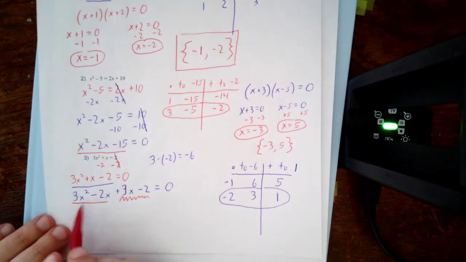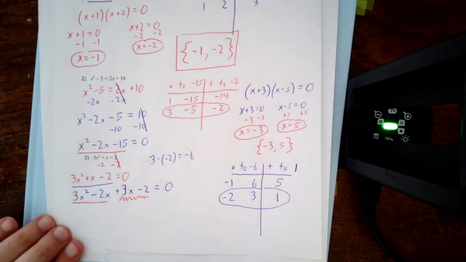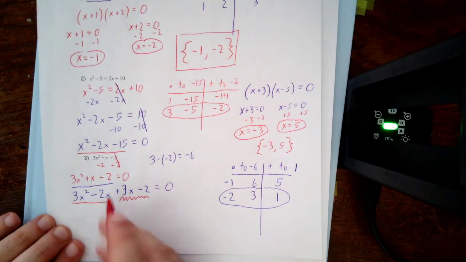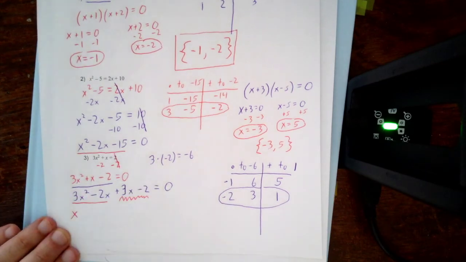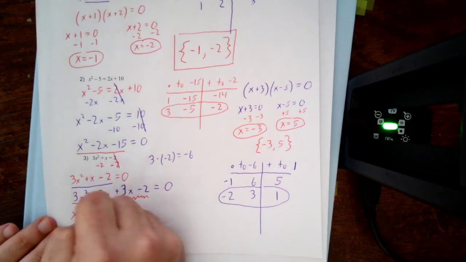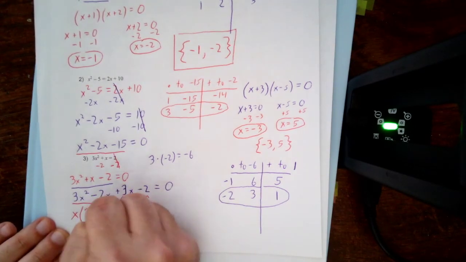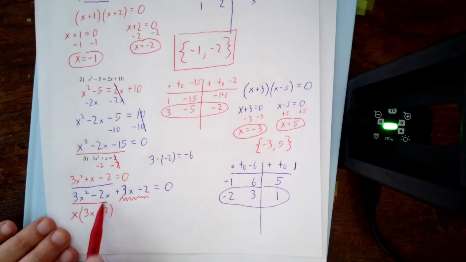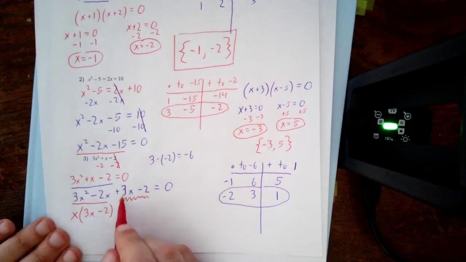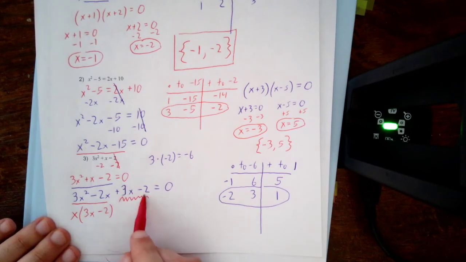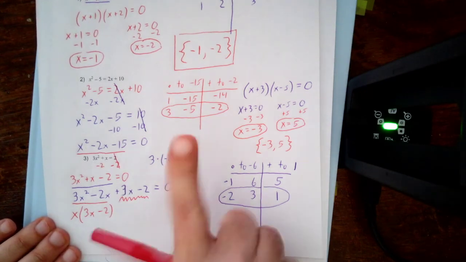In the first group, 3 and 2 share no divisors besides 1, but x squared and x, that shares an x. So I'll factor out an x in the first group. That'll leave 3x and minus 2, right? 3x and minus 2, you take out an x. Plus 3x and minus 2, these share no factors besides the number 1, right?